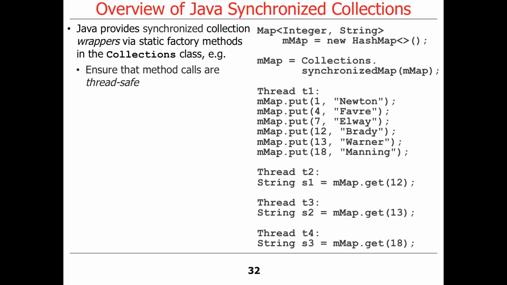So the one consequence is that all the method calls are thread safe, which is nice. So here's an example where we make ourselves a new hash map that maps integers to strings. And by default, of course, a hash map is not synchronized. So if you were to call this map, without doing the magic we show here in a second, if you did this normal map and you had different threads that were putting and getting elements in this map, they might see different views of the elements of the map because it's not synchronized out of the box.